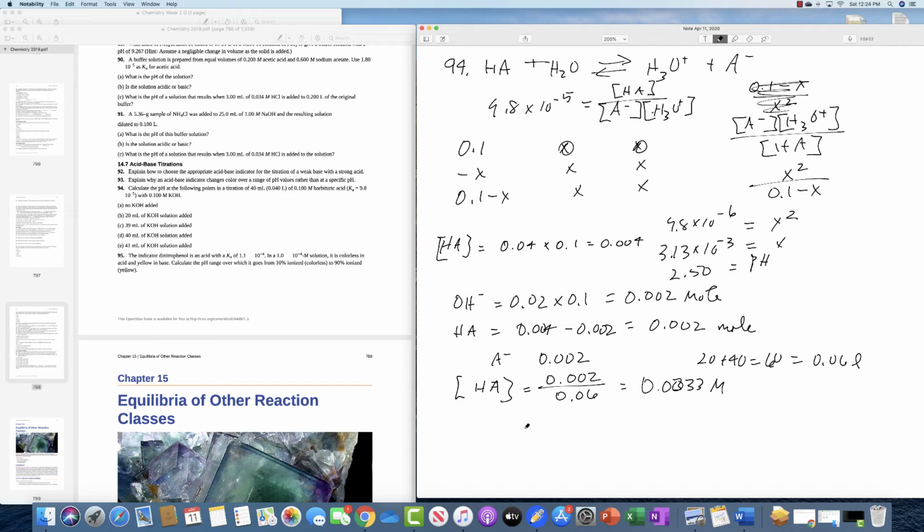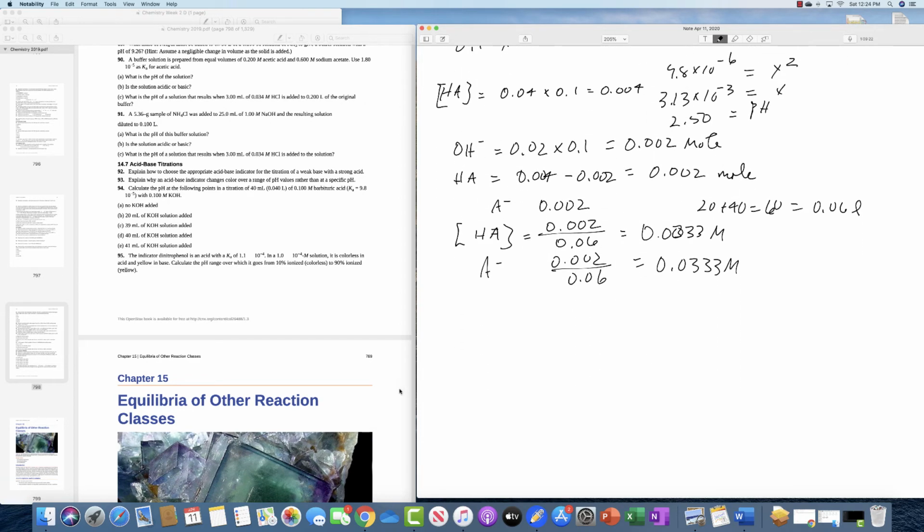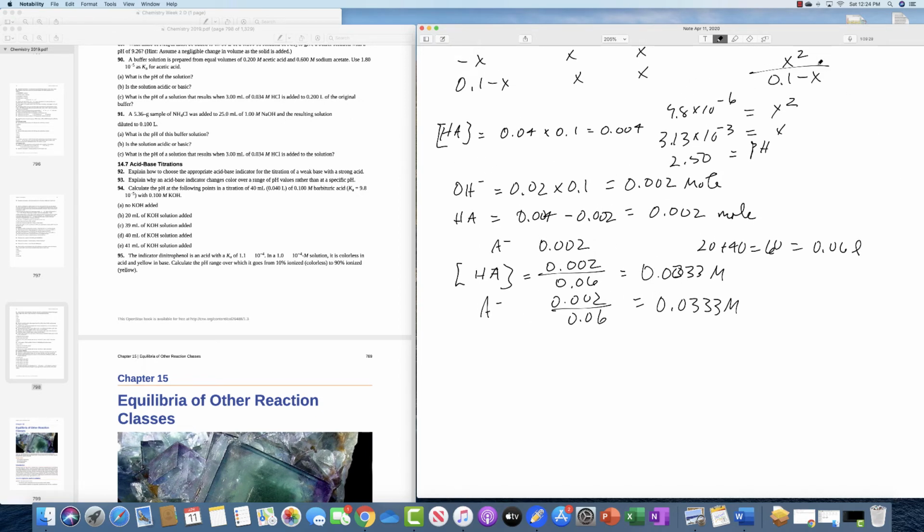So the concentration is now 0.0333 molar. And A is the same calculation, and it's this, so it's 0.002 divided by 0.06. And so it's also going to be 0.0333 molar. So now these are your new concentrations after the addition of hydroxide. So that's what you put in up here.